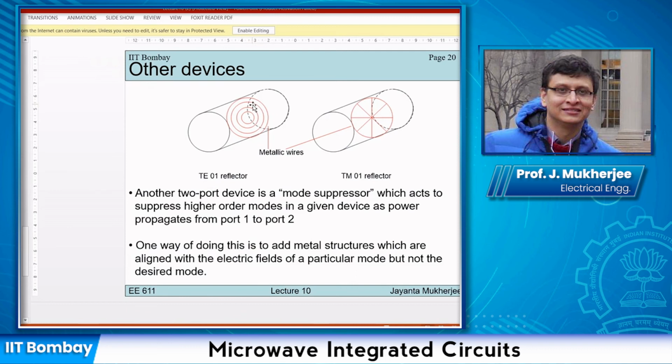You can go through the derivations for the TE01 mode, see the equations, and prove that if E_t, that is the tangential component of the electric field, is 0, then the TE01 mode will not exist. It will basically be reflected back. The power will be reflected back. Similarly, it can be shown that if the radial component of the electric field vanishes, then the TM01 mode will not exist. You can again prove this from the equations for the TM01 mode.